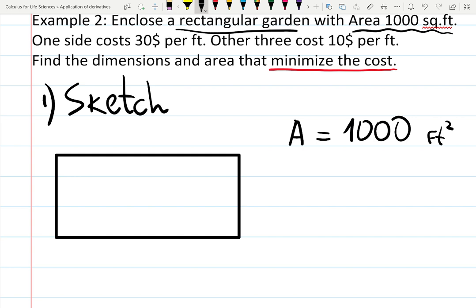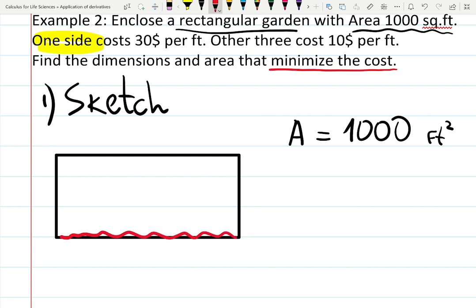One side costs $30 per foot. Oh, so we don't have the size of each side, we have the price of each side. It says one side only is 30 cents per foot. Dollars, yeah, dollars per foot, so cents would be too cheap. Any guess is fine. Mathematics will fix you later.